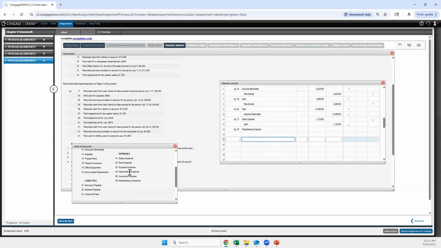And let's see, electricity bill, there's also no utilities expense here. So that's also going to be miscellaneous expense. So doing both of these at once, just so I don't have to copy paste more than one time. And then both of these were cash expenses. And then this one was 675.